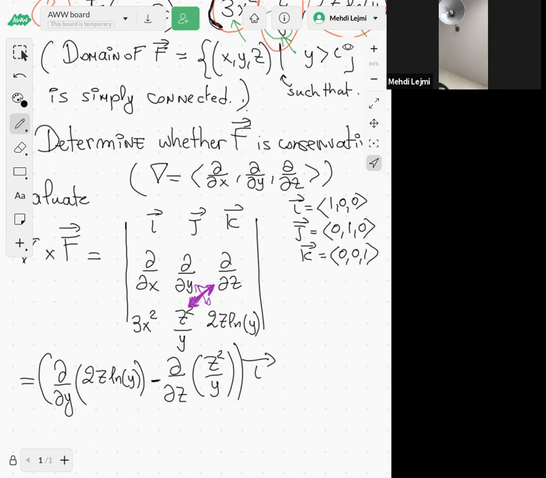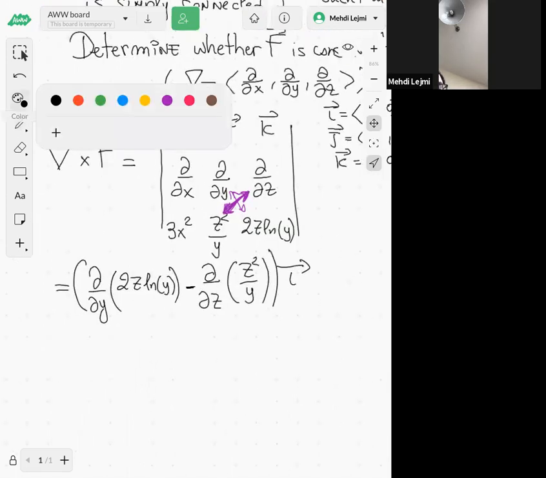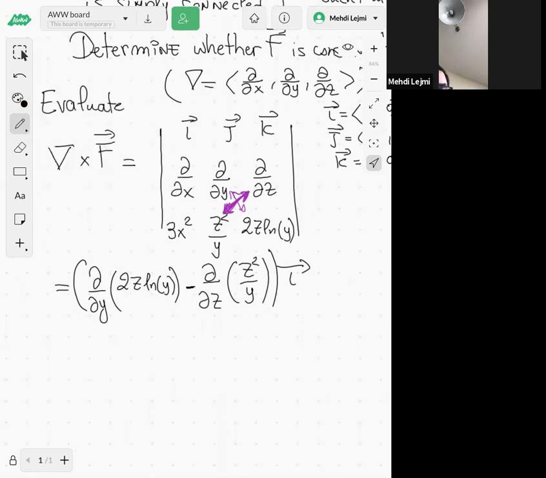Now for j, we're going to have a plus here, j. What will be the coefficient of j?